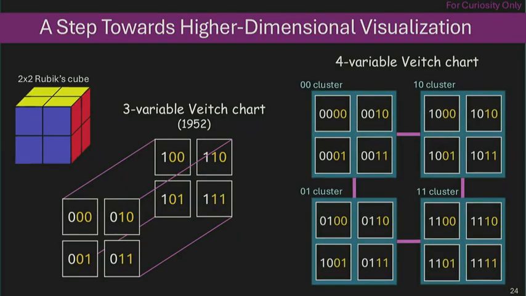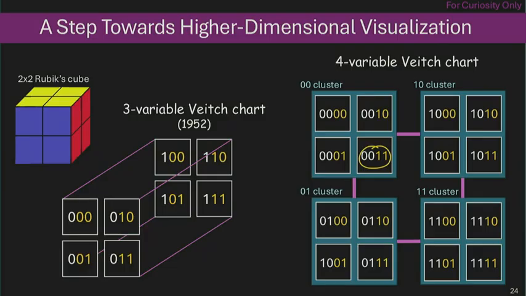What about 4 variables? You can do that, but it's getting a lot more complicated. You have to create 4 2x2 tables and then put them in a grid. So you have a local adjacency and also a global adjacency. If we take a look at any cell, it should have 4 neighbors because it's a 4-variable function.